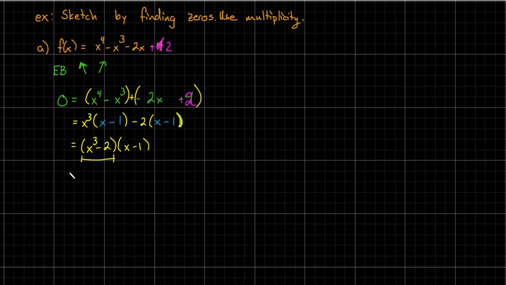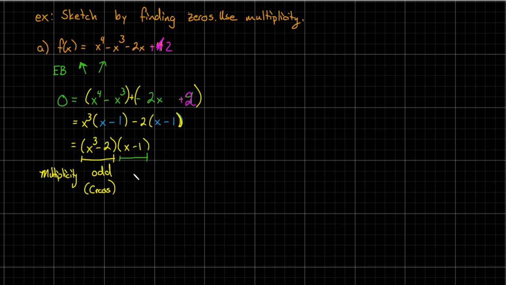Once. So I'm just going to say that its multiplicity is odd, if it shows up one time. Multiplicity of this one is odd, which means what is my graph going to do? It's going to cross.